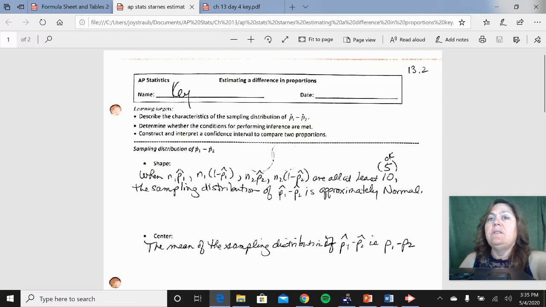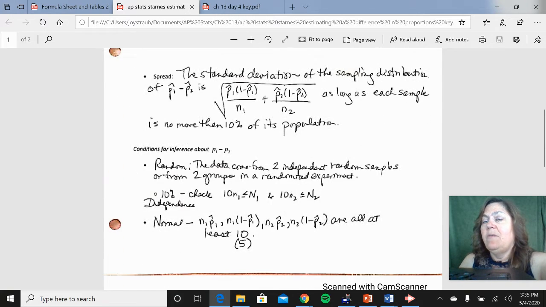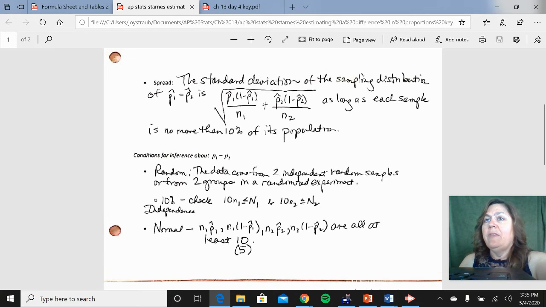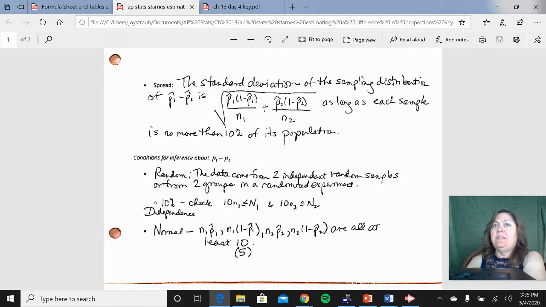When we are doing significance testing, that would be where we would swap out these p hats for p hat c's. Okay? All right. As soon as you have all of that written down on that note sheet, then we're going to transition. So if you're not quite done, pause and finish writing it, and then join us back.